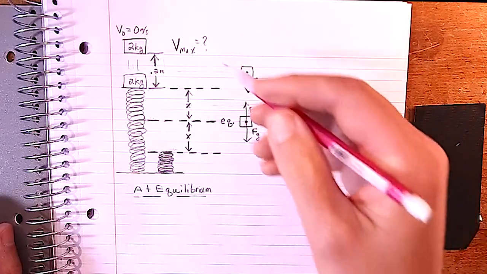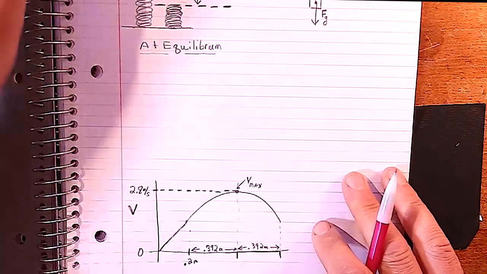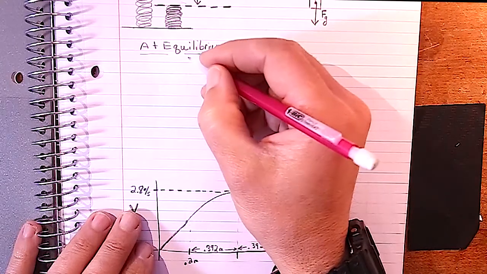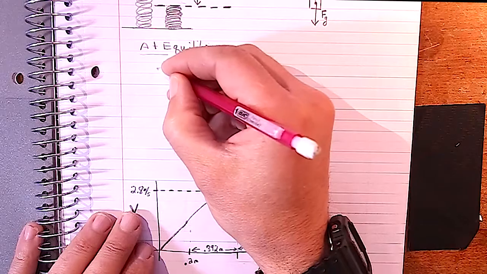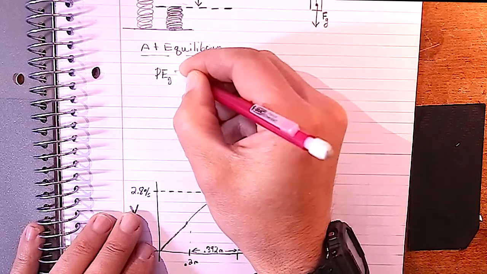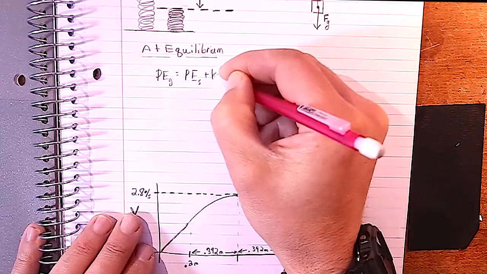So let's go and solve for Vmax. How do we do that? Okay, so we know that we're going to start doing this at equilibrium. At equilibrium, we're going to say that PEG equals PES plus KE.